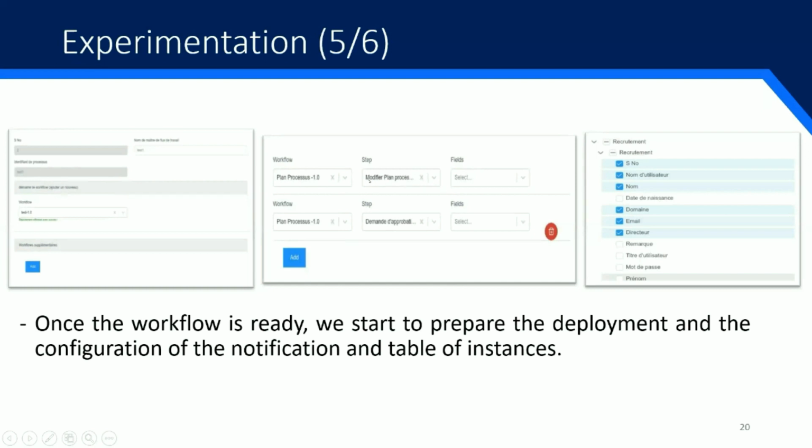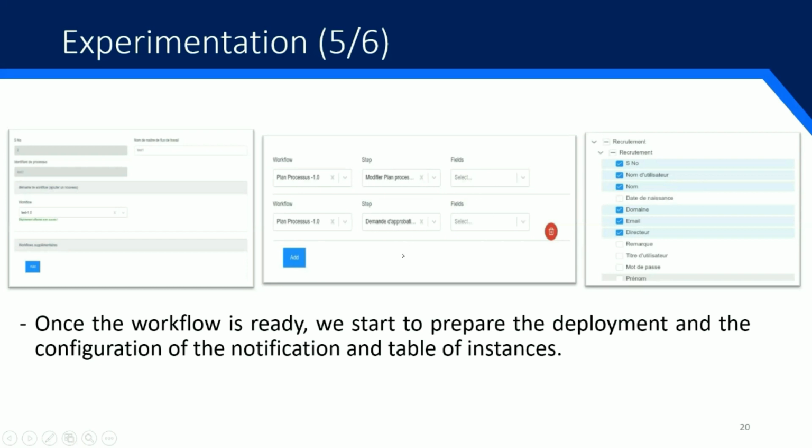Once we select the user task, we will see the different fields that exist in the forms of this specific user task, and we can do it for many forms. We have to do it for all the user tasks.